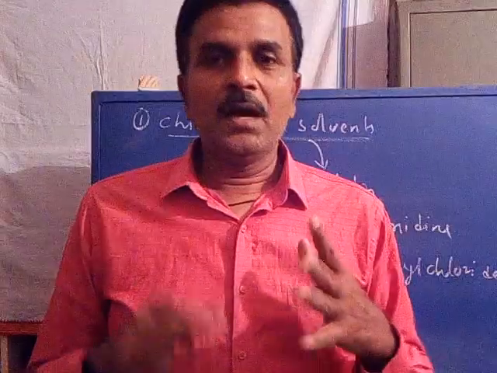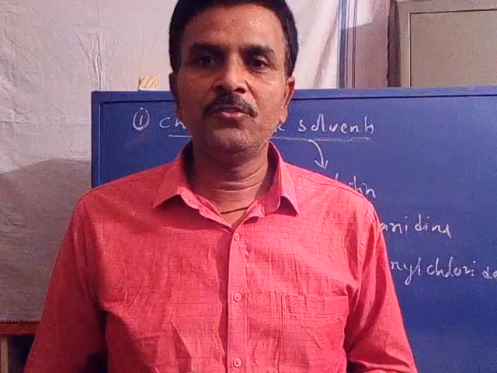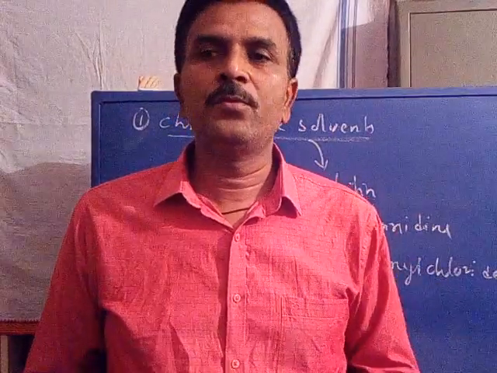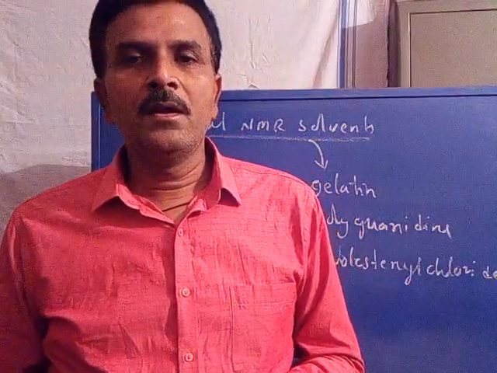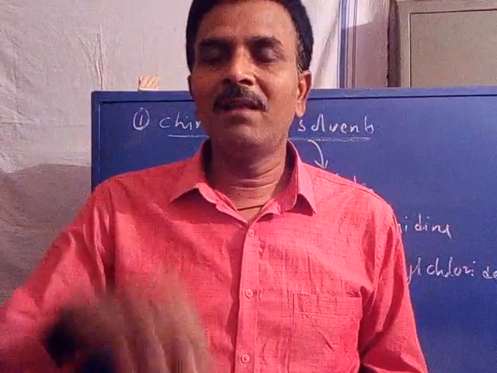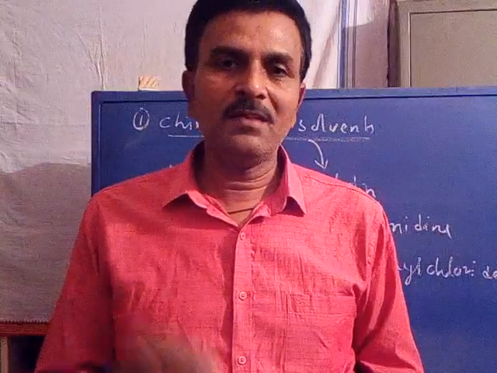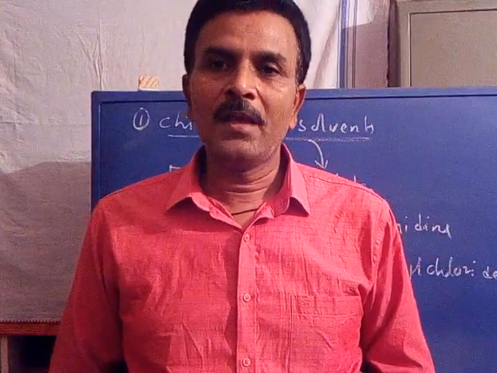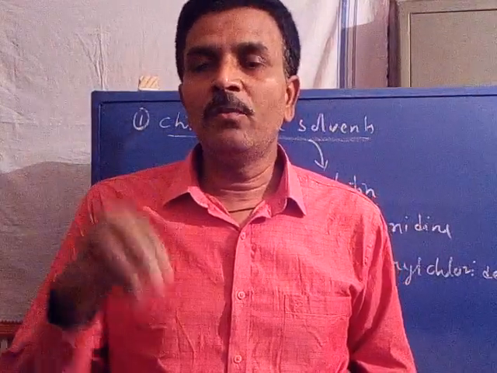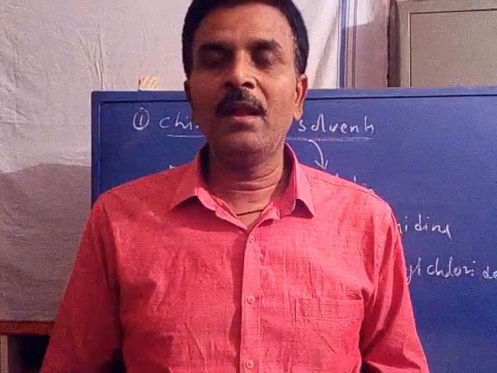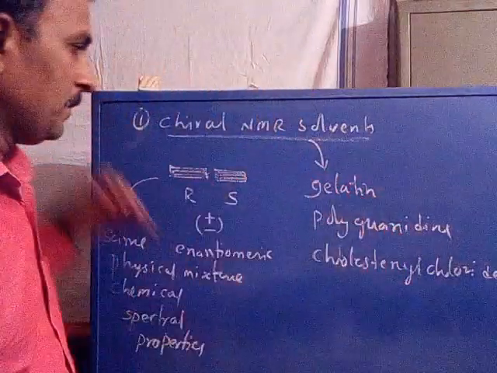However, the spectral properties of isomers of enantiomers are the same. That means the absorption frequency values of protons in both isomers are the same. But when we add chiral solvents to the sample, that is to the enantiomeric mixture, what happens? In the presence of chiral solvents, each isomer of the enantiomeric pair may be oriented in a different way.